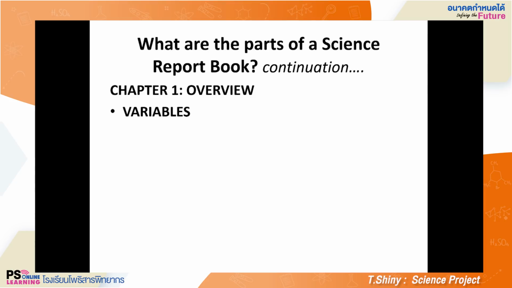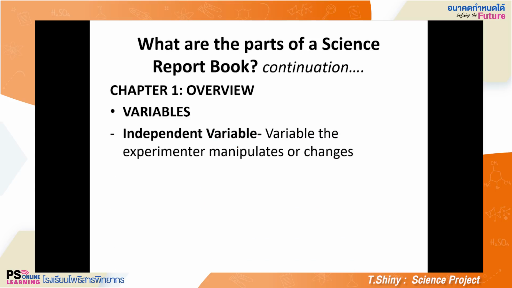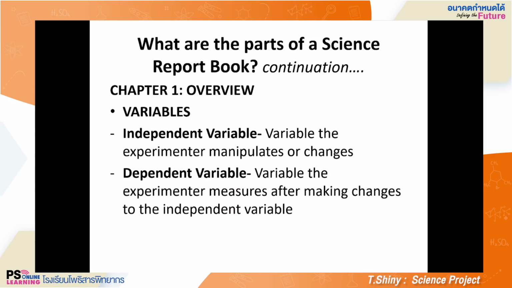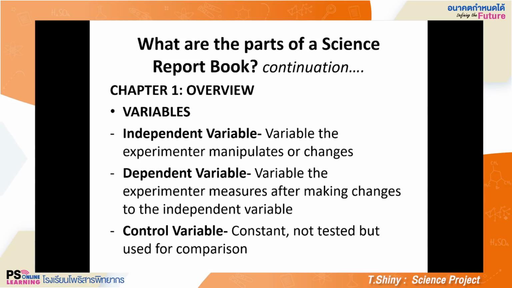Now, a part of the overview are the variables. Do you know what variables are? Well, most of my students could not tell the difference among these three types of variables: the independent variable, dependent variable, and control variable.